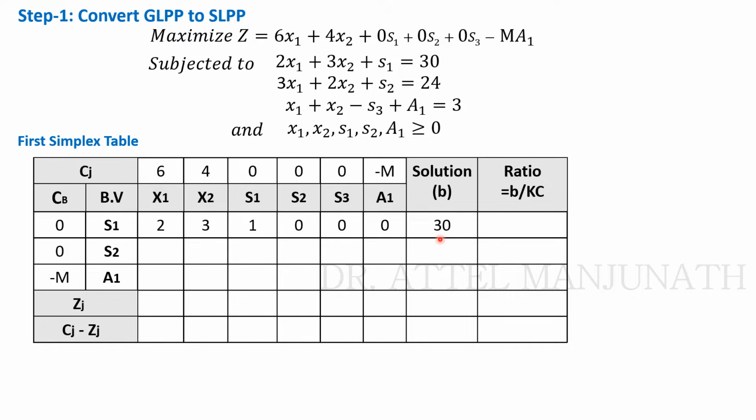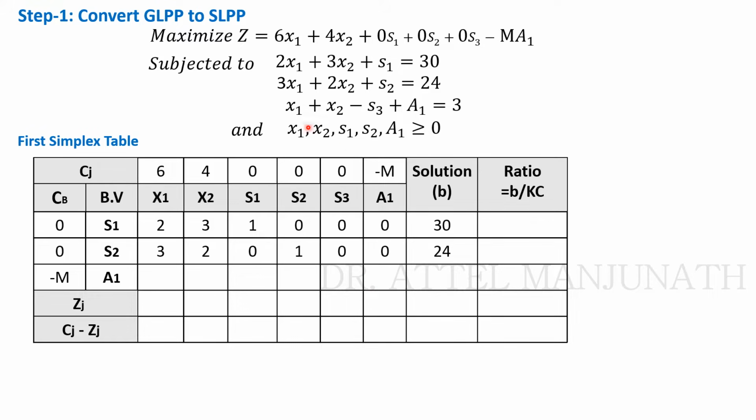The solution is 30. Similarly, you write it for the second constraint equation, that is 3x1 plus 2x2 plus s2, 3, 2. Here s1 is 0 because you don't have s1 in the second constraint equation. S2 you have, because of that you take it as 1. Then you don't have s3 or the artificial variable. Then you can write 24, that is the solution coefficient.